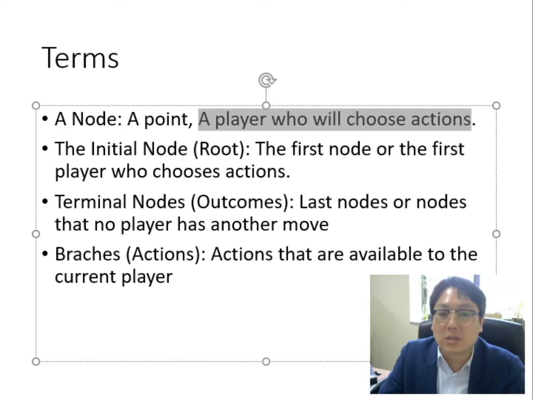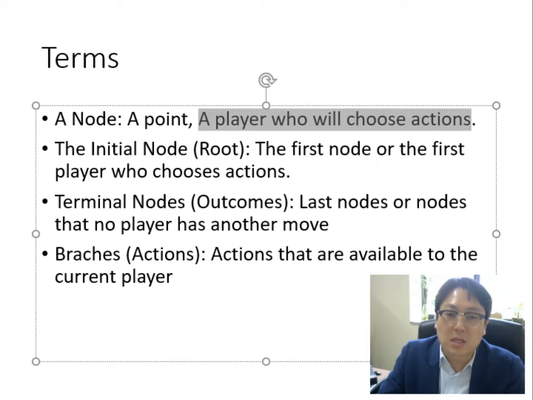Once a player is at a node to choose an action, the player will face several choices. Those choices are represented by branches.